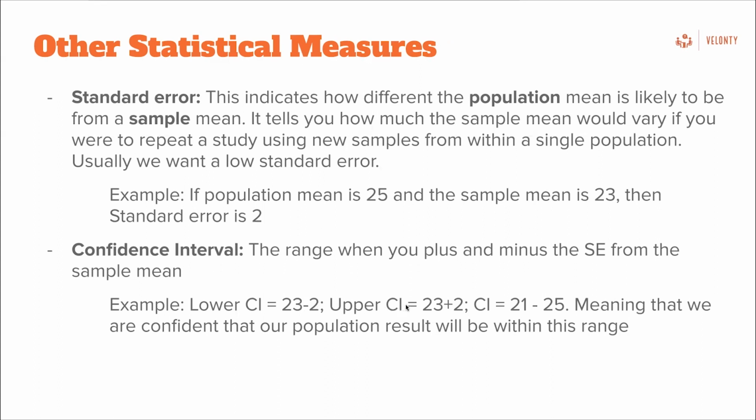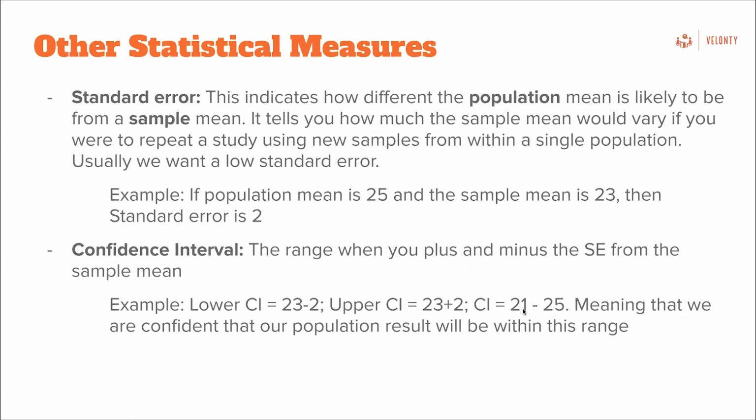The upper confidence interval is going to be 23 plus 2. So the confidence interval is 21 to 25. What this means is that when you do your analysis, you always have to give room for error. Error is something we speak about a lot when we talk about data analysis.